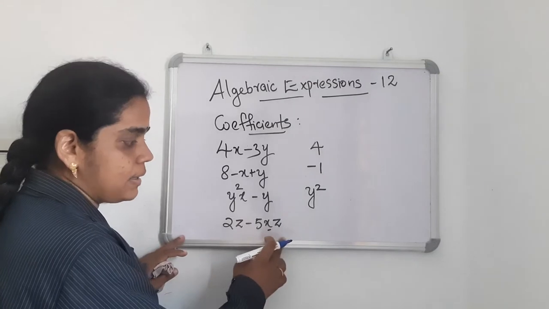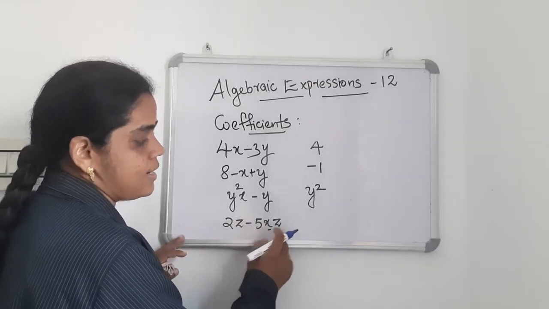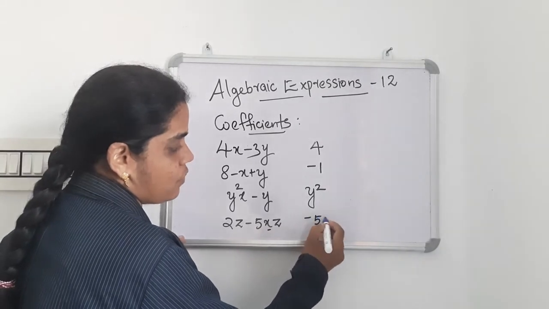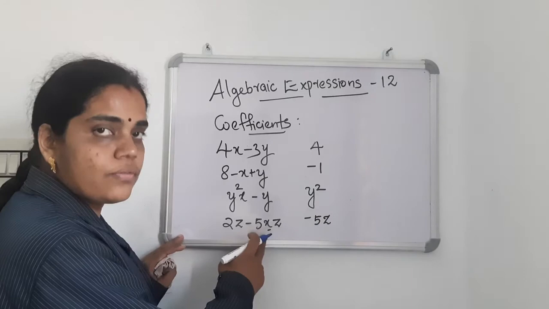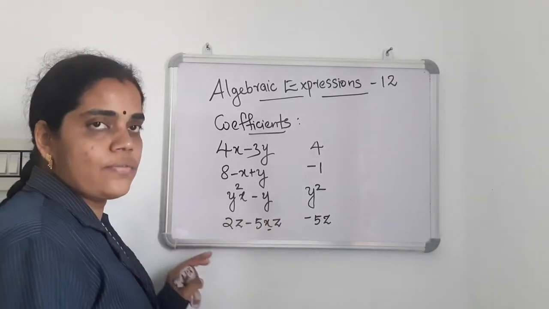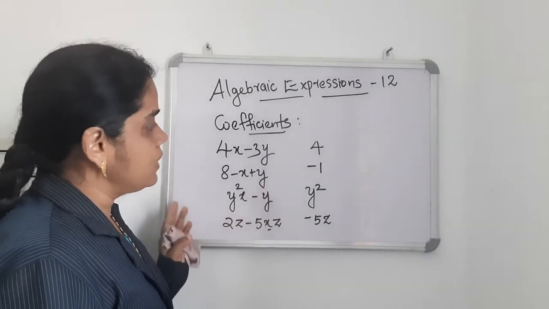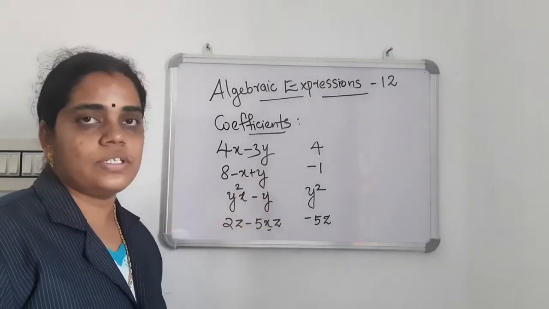So the remaining terms, what are the factors here? Negative 5 and z. So negative 5z is known as the coefficient of x. So the remaining part is known as the coefficient. In these examples we can find out the coefficients.